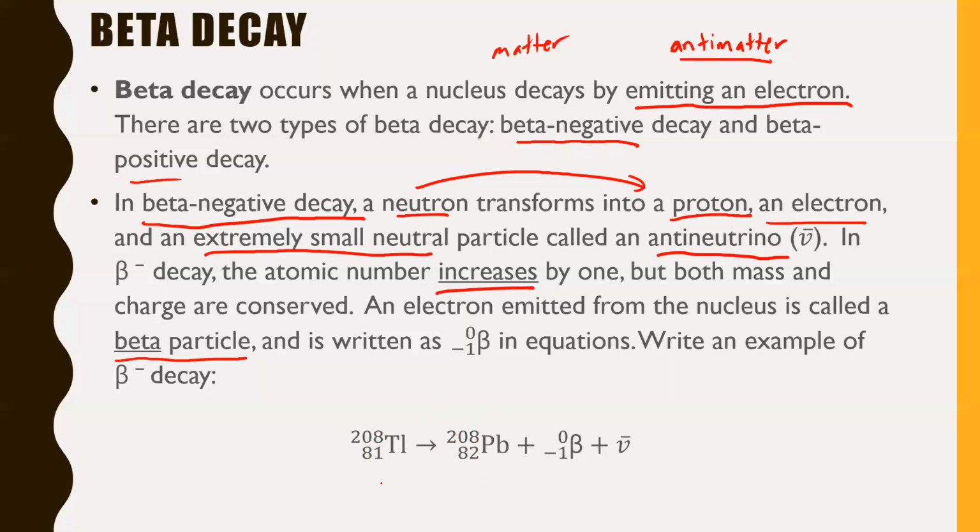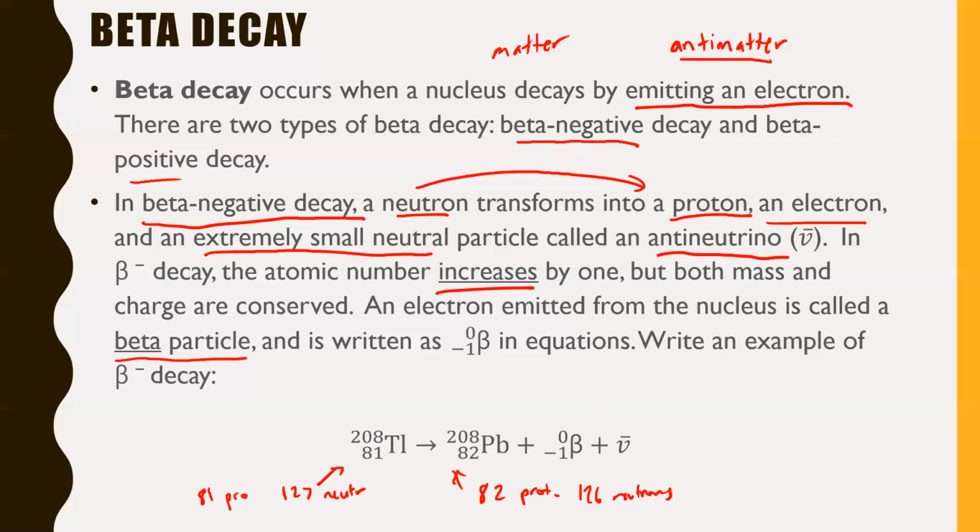Okay. If we're going to do some quick math on this one, just to really illustrate this point, 208 minus 81 tells us this guy has 81 protons and 127 neutrons. But this guy has 82 protons, and 208 minus 82 would be 126 neutrons. So we just turned a neutron into a proton.